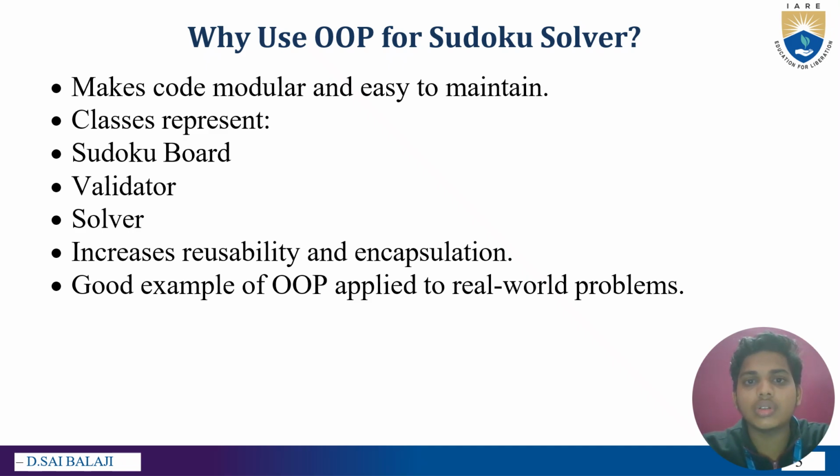Why use object-oriented programming for a Sudoku solver? Object-oriented programming makes code modular and easy to maintain. It makes the code look modular, and classes represent a Sudoku board, a validator, and a solver, and it increases reusability and encapsulation in the programming. It was also a good example of object-oriented programming applied to real-world programs, using encapsulation.